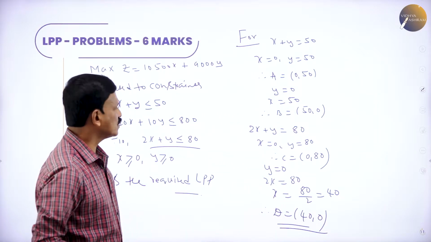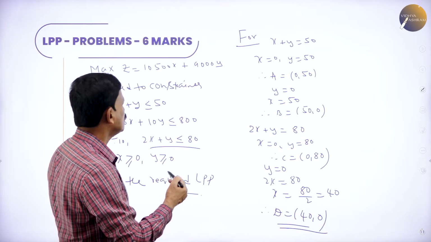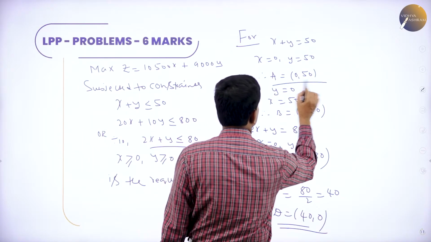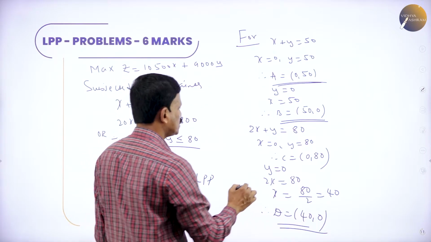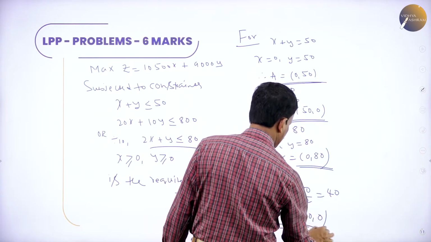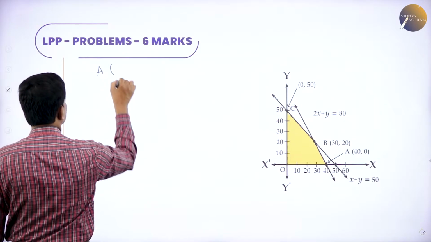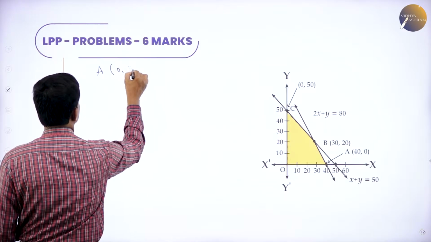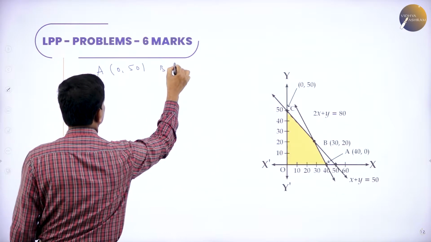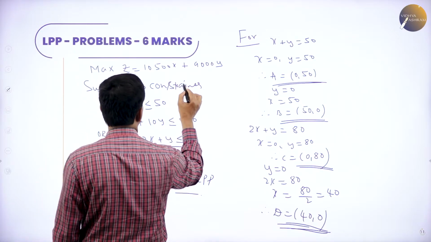Let us represent this on a graph. What are the points we are going to get here? First, 0 comma 50 and 50 comma 0. Another one is 0 comma 80 and 40 comma 0. So A is 0 comma 50 and B is 50 comma 0.